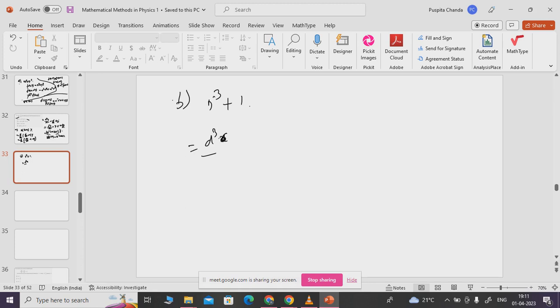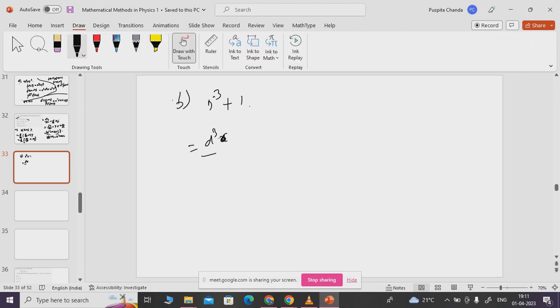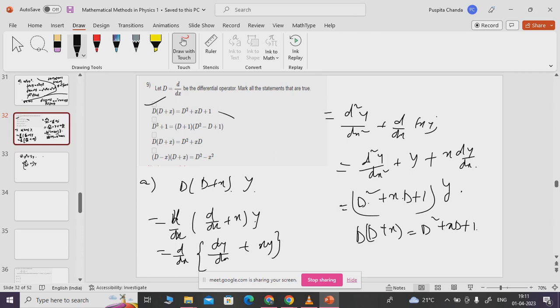Okay, option number B is D cube plus 1, where D cube will be d cube by dx cube, plus 1 on y.